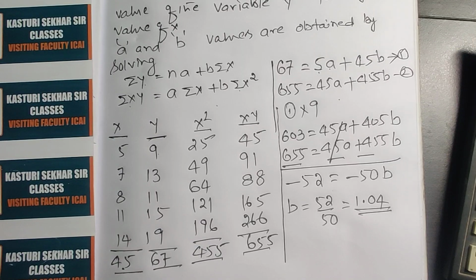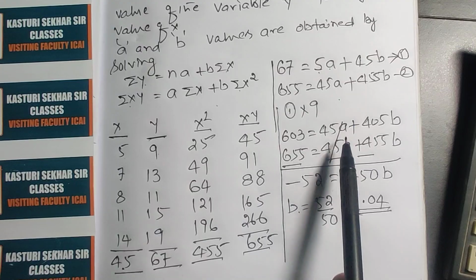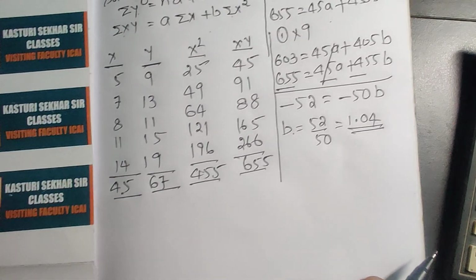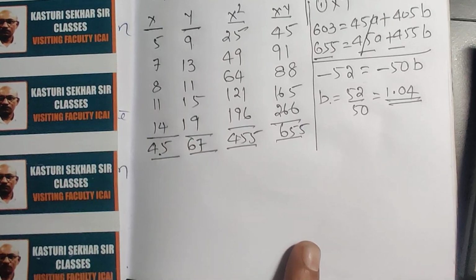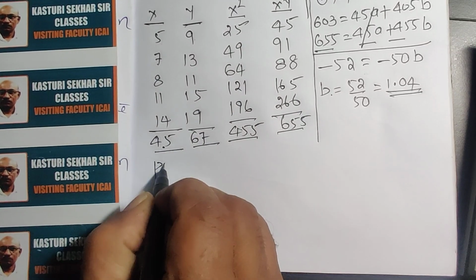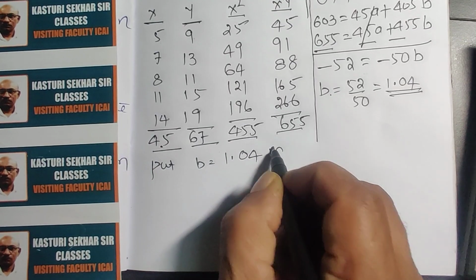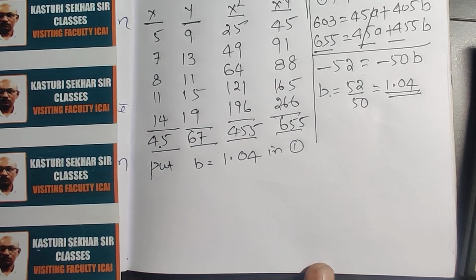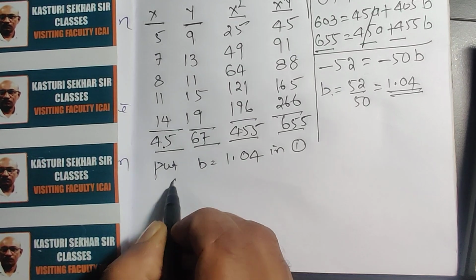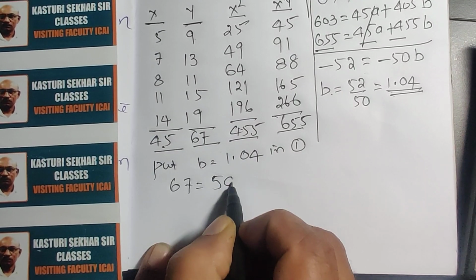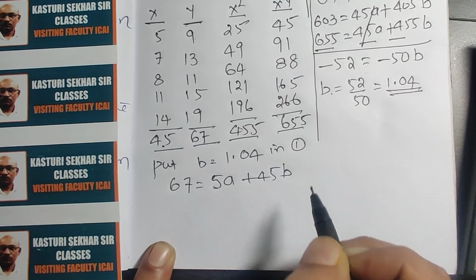After getting the value of B, you can substitute it either in equation number 1 or in equation number 2. So let us see. Put B is equal to 1.04 in equation number 1. That is 67 is equal to 5A plus 45 into B. This is my equation number 1.